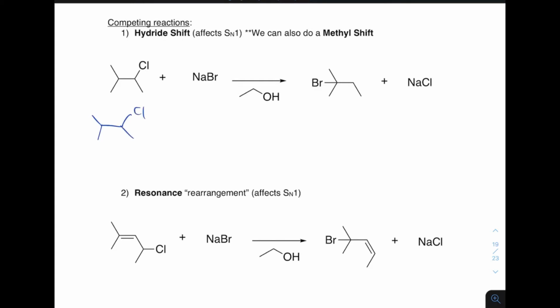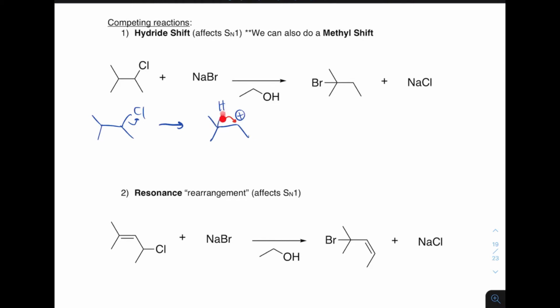So we know that we have our chlorine leaving, and we are now left with our carbocation intermediate. Secondary, which is fine, it prefers to be tertiary, which is kind of the point of this next step, this next hydride shift. So we know we have a hydrogen here, and so what actually happens is we end up with a hydrogen shift that takes place.